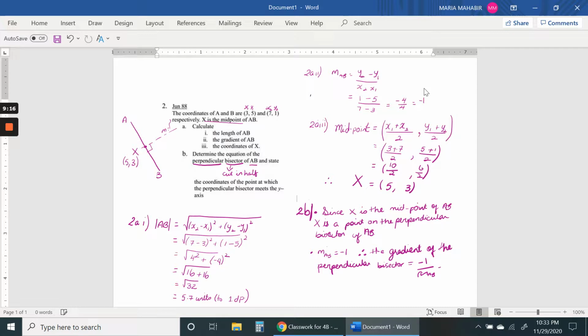Remember we said any line perpendicular to another line is just -1 over the original line's gradient. So that's -1 over, remember the gradient of AB from before is -1. So that's equal to 1. Negative divided by negative is a positive. 1 divided by 1 is 1.